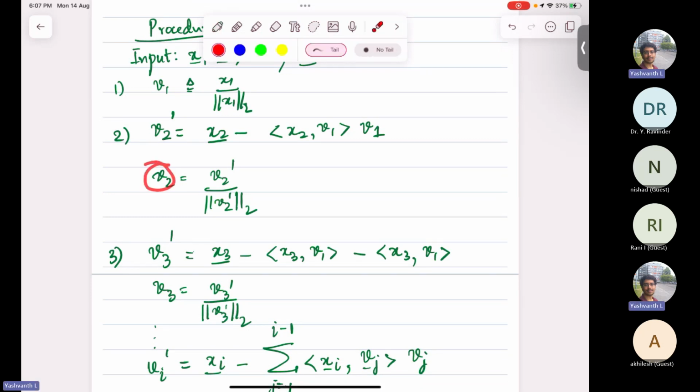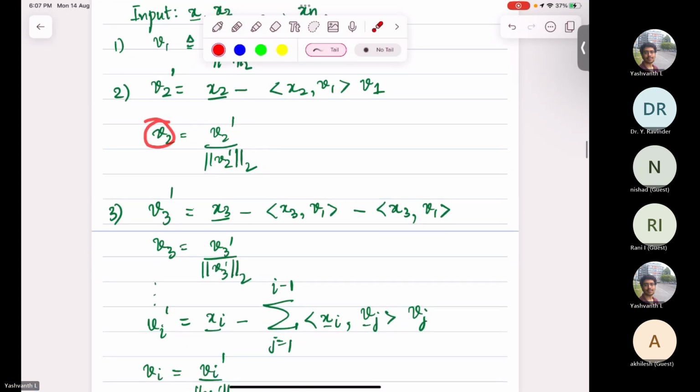Now to find the third vector in the orthonormal set, take the vector x3 and remove the component of x3 along the directions v1 and v2.